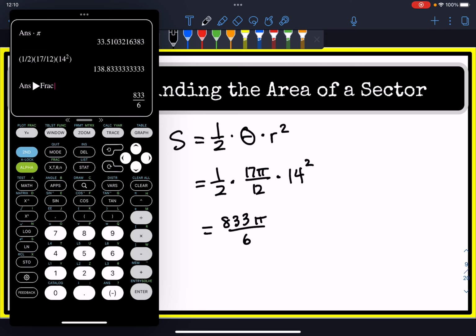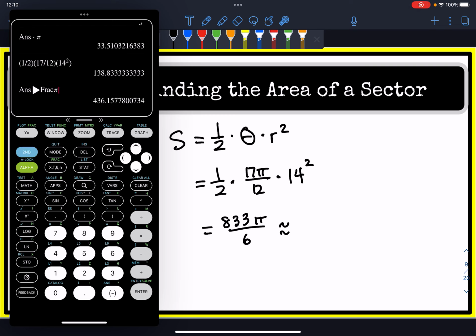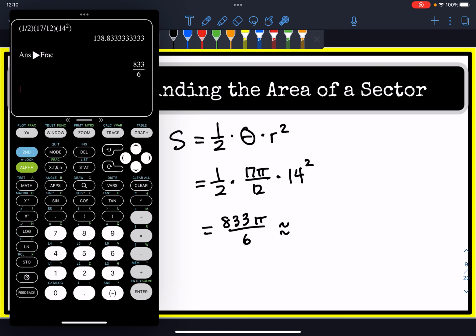That's the exact value. Now the estimated value simply multiplies this fraction with pi. So let's multiply our answer with pi and let's see what that estimates to. And there it is.